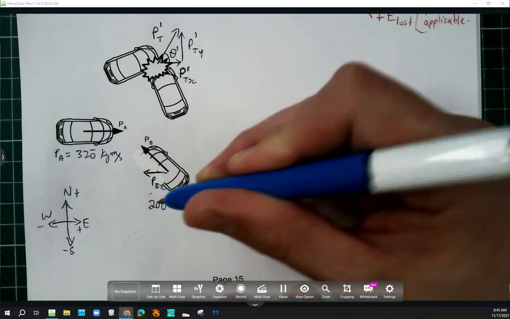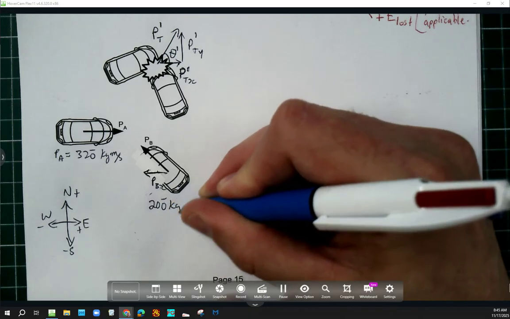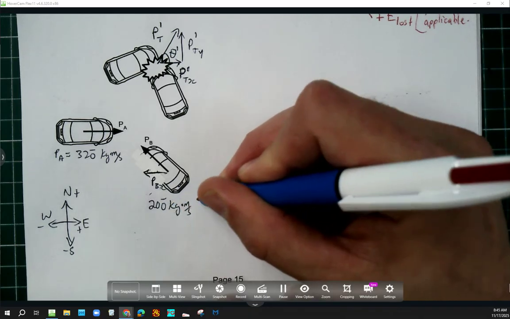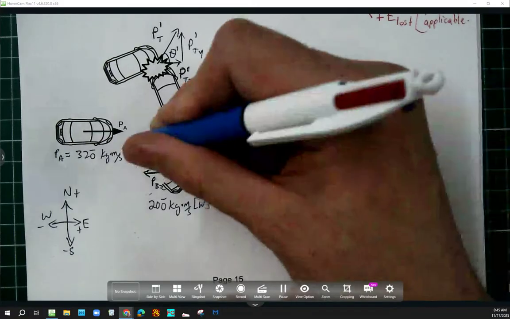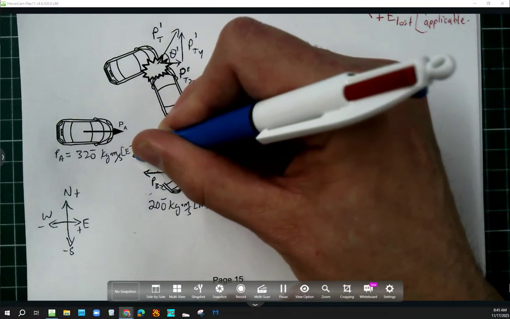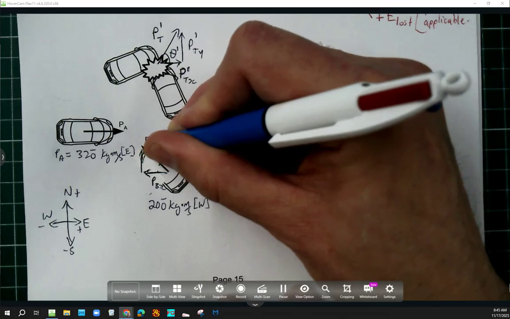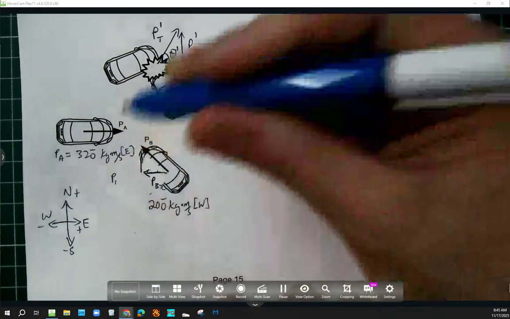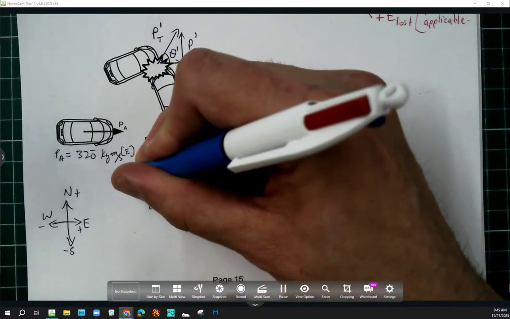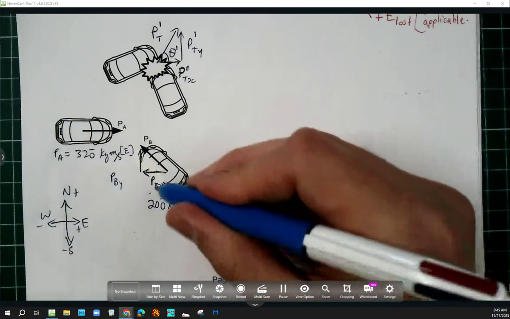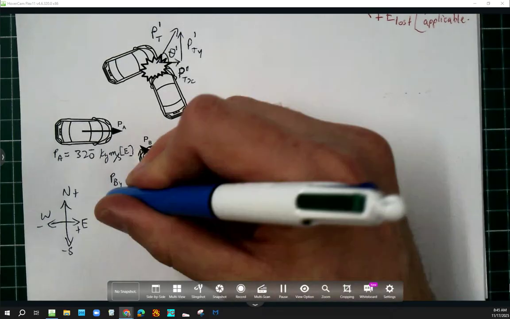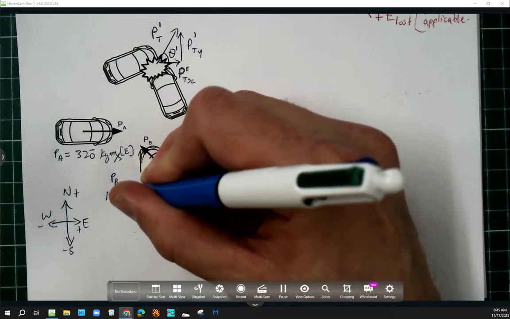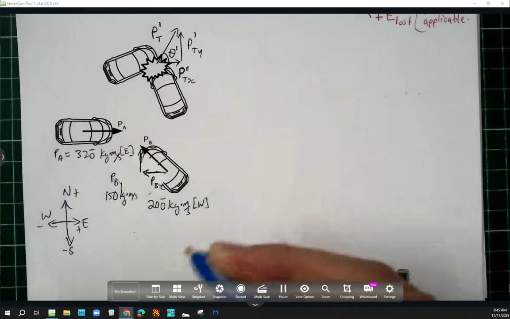I will put a line over that one there to give it 3 sig figs. I guess we can make this one east. And PB also had a momentum in the north direction. Call it PBY. So we've got a PBX, we've got a PBY of 150 kilogram meters per second to the north.